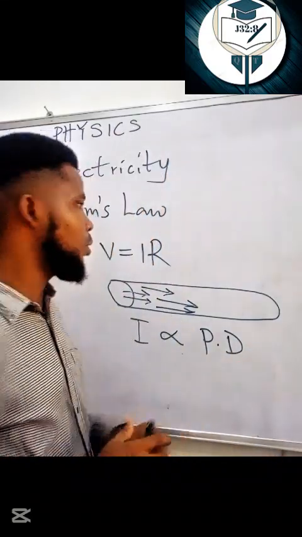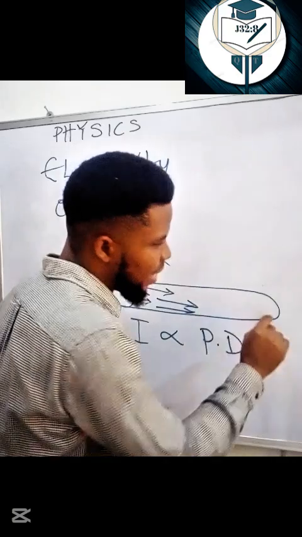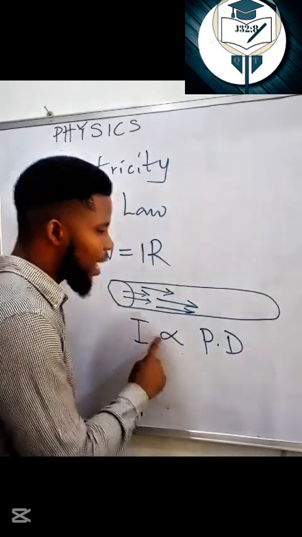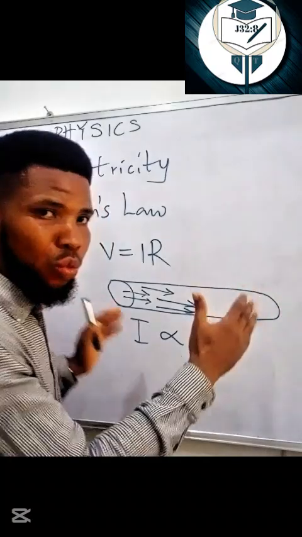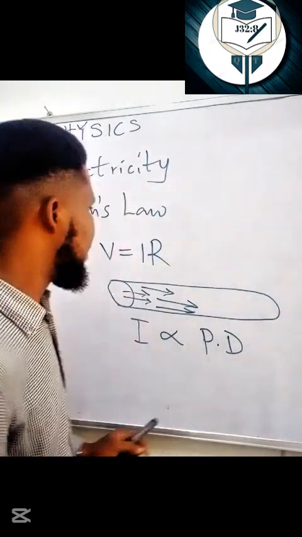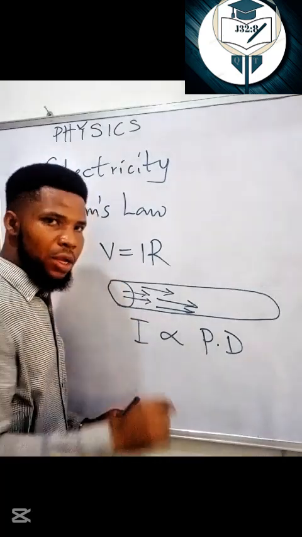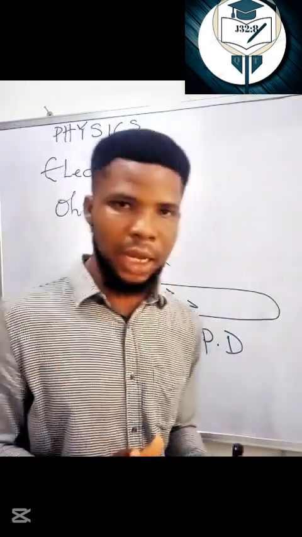So the focus is that the current flowing through a metallic conductor is directly proportional to the potential difference set across the two ends, and the conditions are that temperature is constant and other physical factors remain constant.